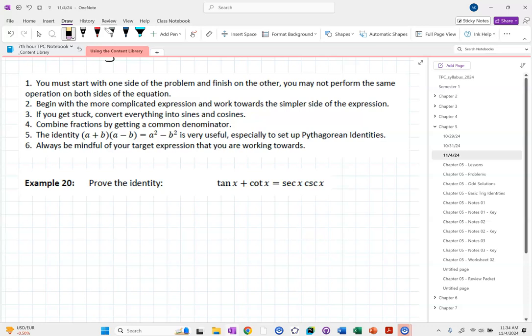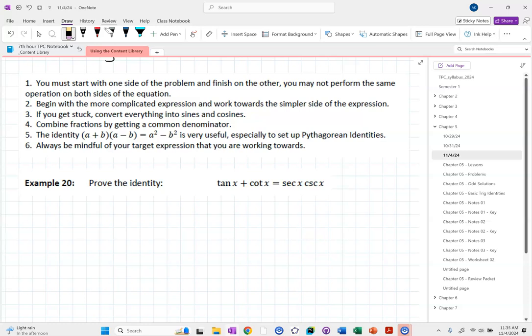If you don't have your identity sheet out with you, it might be a good idea to take that out so you can follow along as I'm talking about things. For example, for tangent, I have 3 options. I can rewrite tangent as sine over cosine. I can write it as secant over cosecant. Or I could write it as 1 over cotangent.